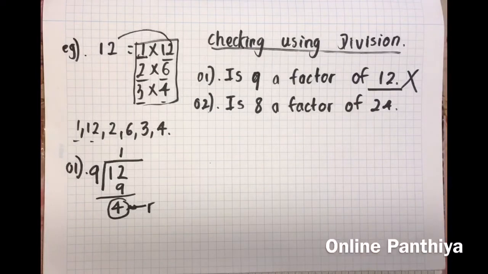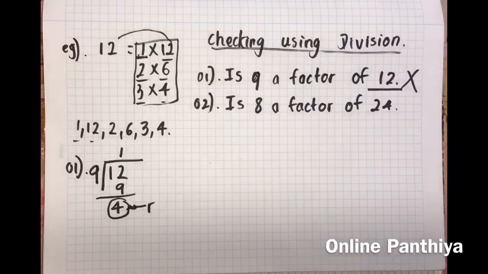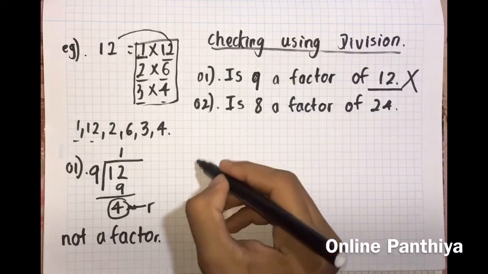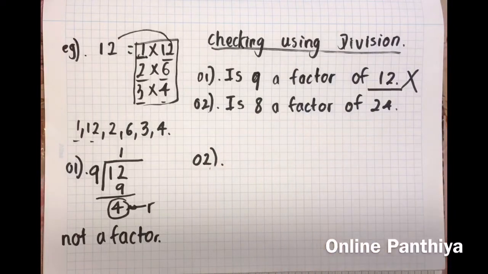What is the reason? Yeah, because you have a remainder. Understand? It is easy. You just divide, and if there is a remainder, you can say it is not a factor. Clear? Okay. Shall we check the second question? Is 8 a factor of 24?